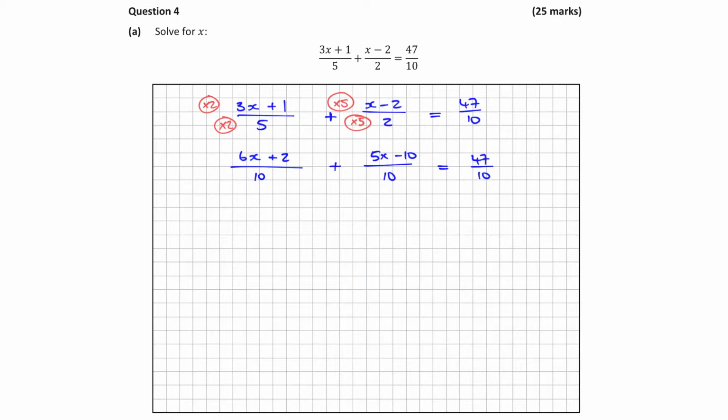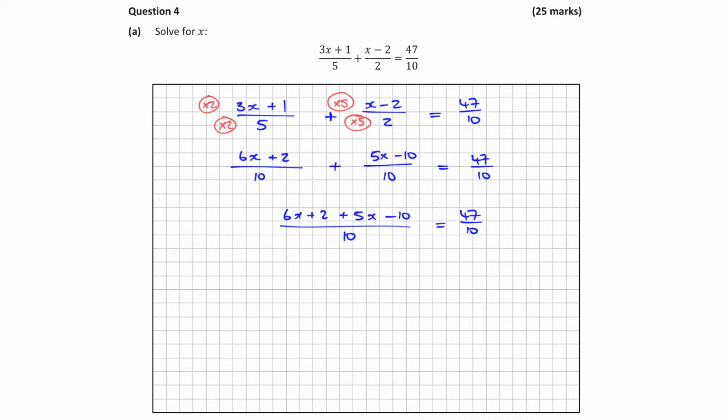Okay. You can see here now, I've got 2 fractions with the same denominator. So if I have 2 fractions with the same denominator, I can turn it into a single fraction. So I'm going to do that. So 6x plus 2 plus 5x minus 10 all divided by 10 is equal to 47 divided by 10.